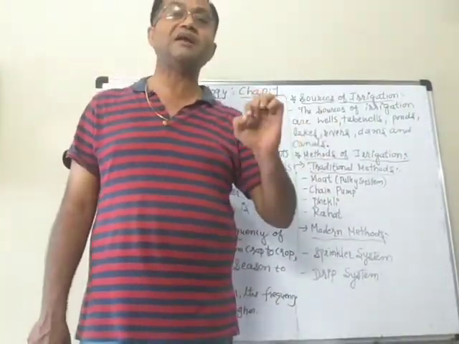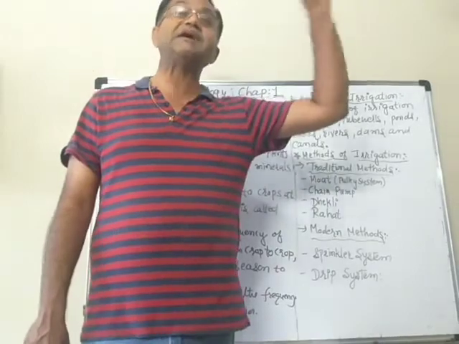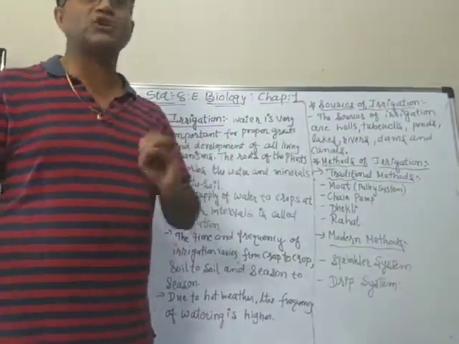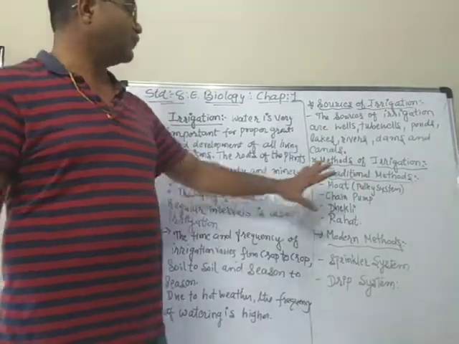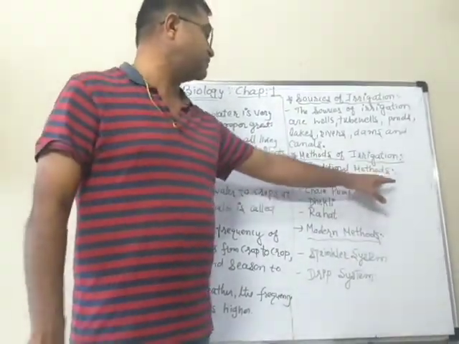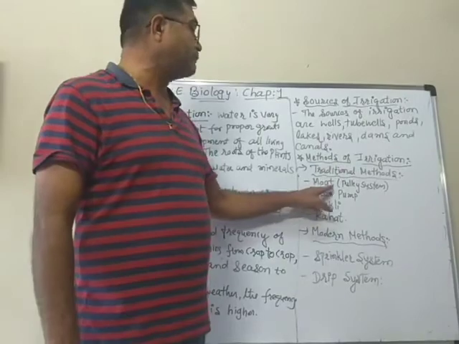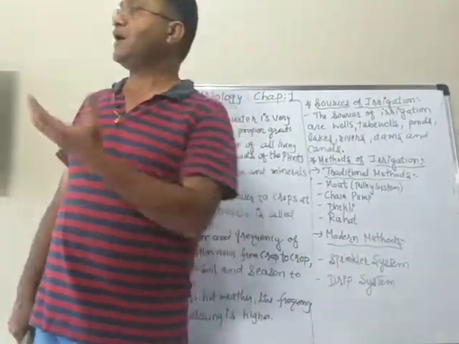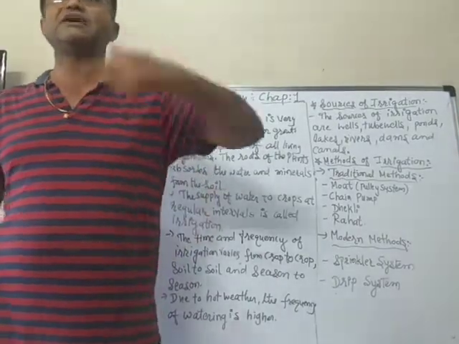First of all, we will learn about the traditional methods. I will show you some pictures also for that. Traditional methods are the moat or pulley system, in which on the well there is the pulley.